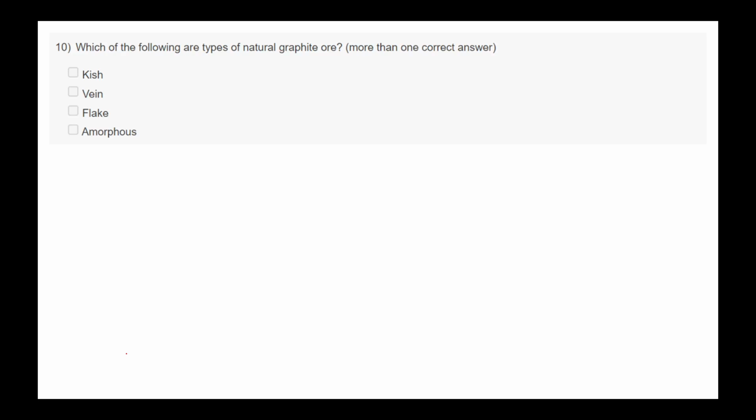Now, which of the following are types of natural graphite ore? Do you know this? If you have been through the lecture, it's just a name. What are the natural graphite ores? Okay, I will give you a hint. One is not a natural graphite ore, so all the three are there, and you can just exclude one.